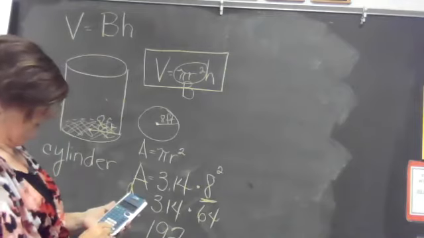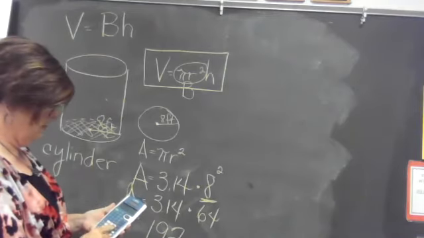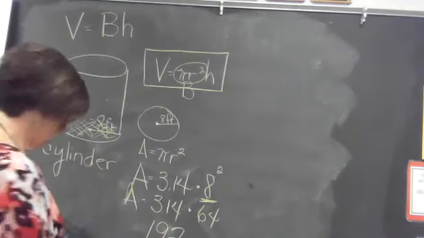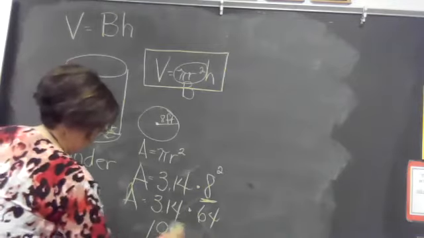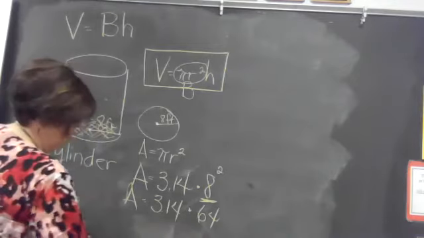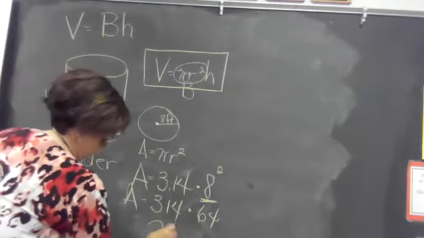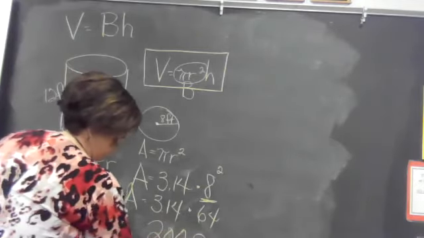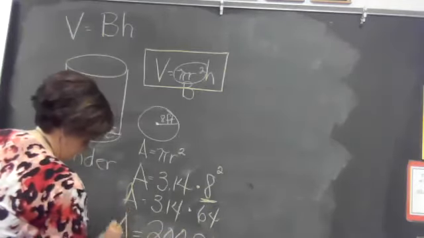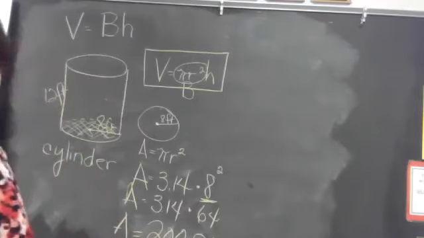Do it here. 3.14 times 64, 200.96. Oh, because they did 46 times 3.14 and they got 144.44.